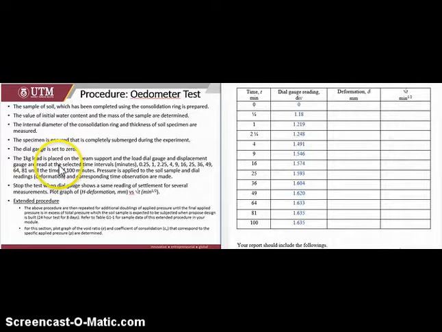You read the dial gauge at selected time intervals at quarter minute, 1 minute, 2.25 minutes, and so on until 100 minutes, which is about 1 to 1.5 hours. So you get the dial gauge and you plot the data. You need to plot a graph of initial height minus the deformation versus the square root of time, as you are using the square root time method.